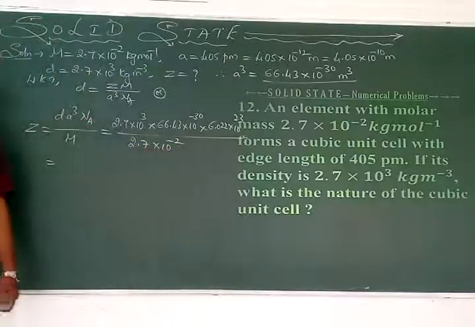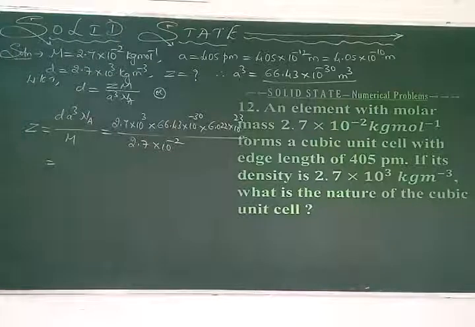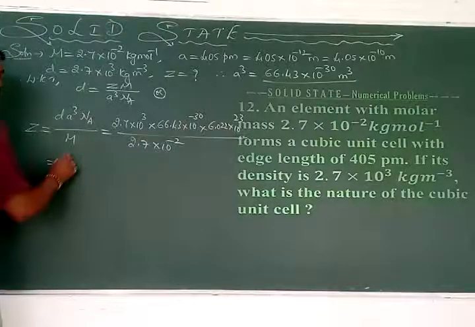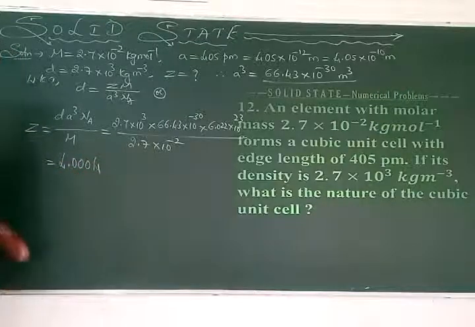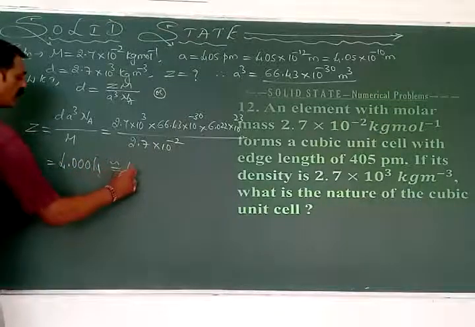On simplification, I directly get 4.0004, but we know that Z cannot be a fraction, therefore it is nearly equal to 4.